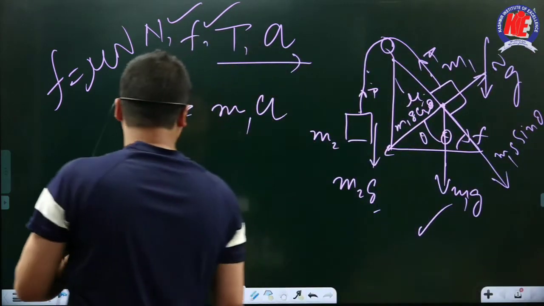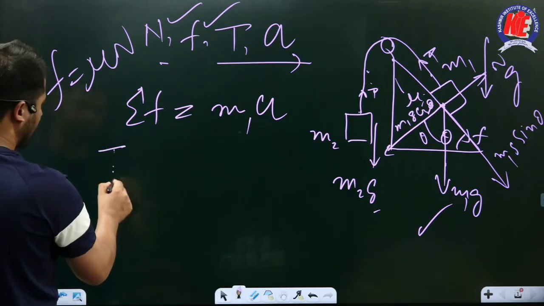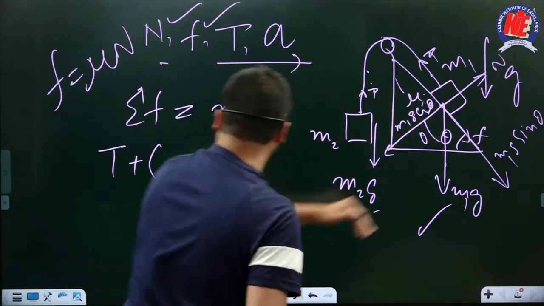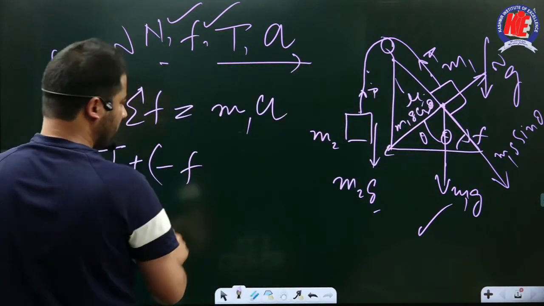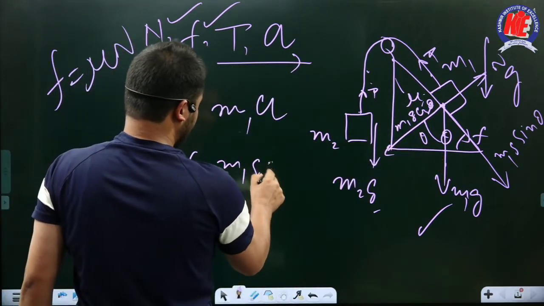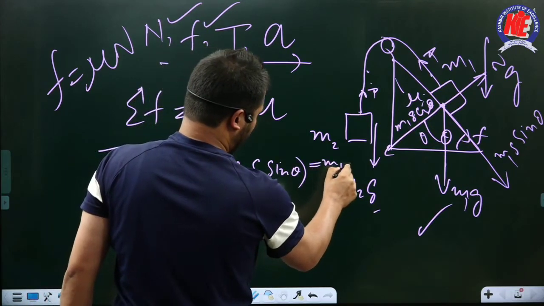Now how can we calculate it here? It will be T plus, here is one force, the frictional force, so minus F, and there is a component of weight, that's M1 g sine of theta, equals M1 a.